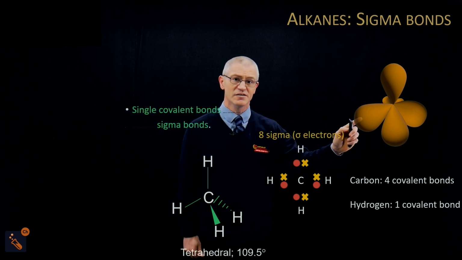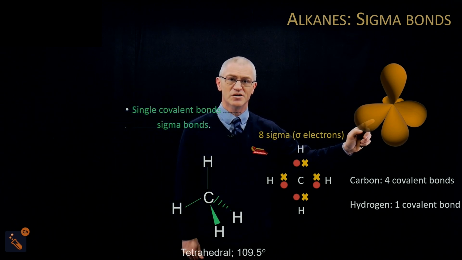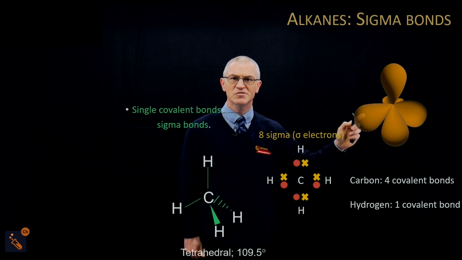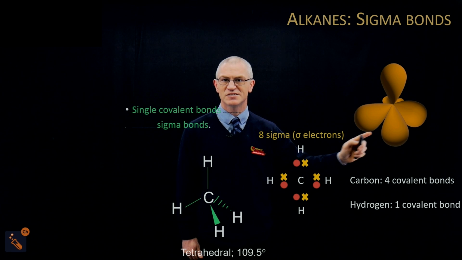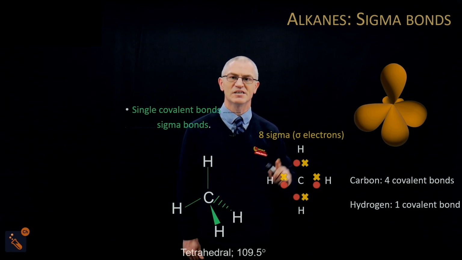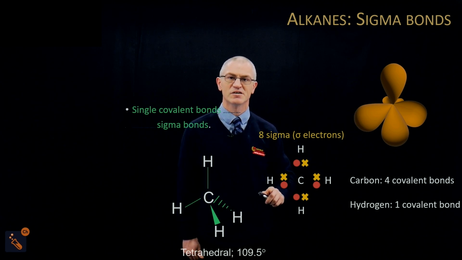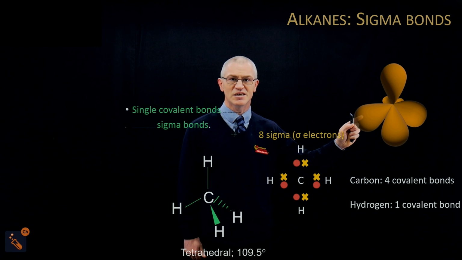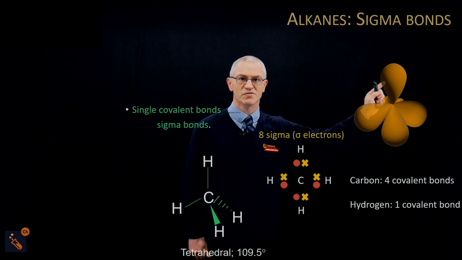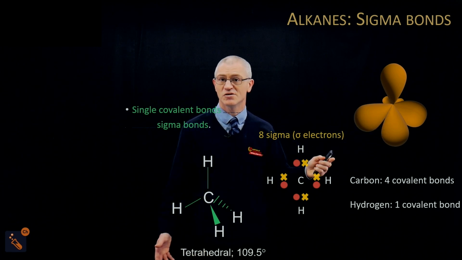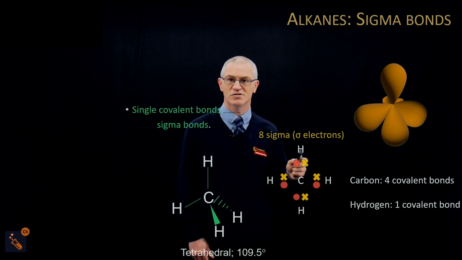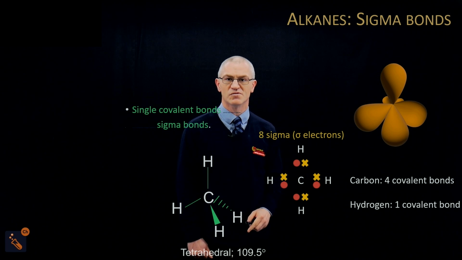So what we can see here is we have the end of the dumbbell and the other part of the dumbbell just hidden behind here. Notice this end of the dumbbell is considerably larger. That's because the s orbital from the H has combined and overlapped with the p orbital, making this part larger. And you can see that there are 4 lobes, so 4 p, and that means you've got s and p overlapping with each other due to these different bonds.